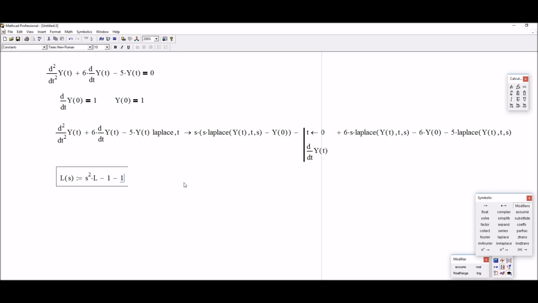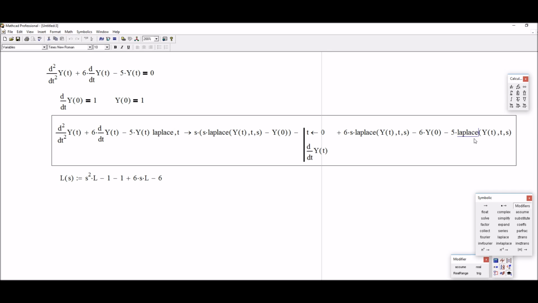So minus 1 again. The fourth term is plus 6 times S times L. Then the fifth term is 6 times y0. y0 is 1, so it will be minus 6.